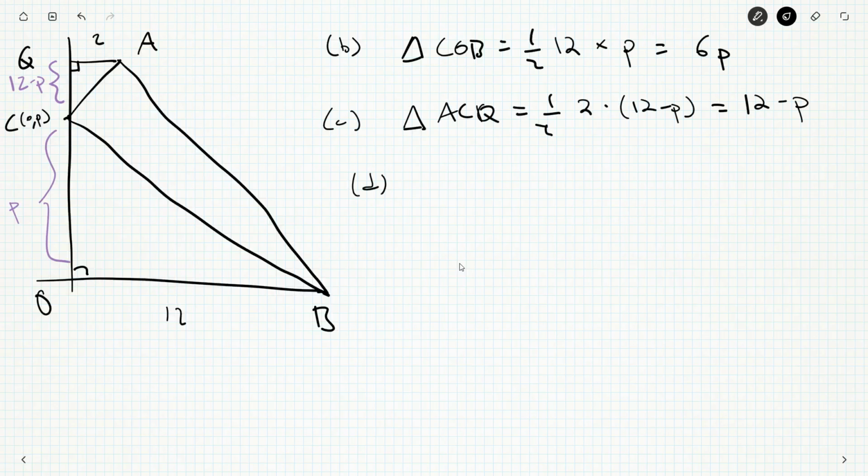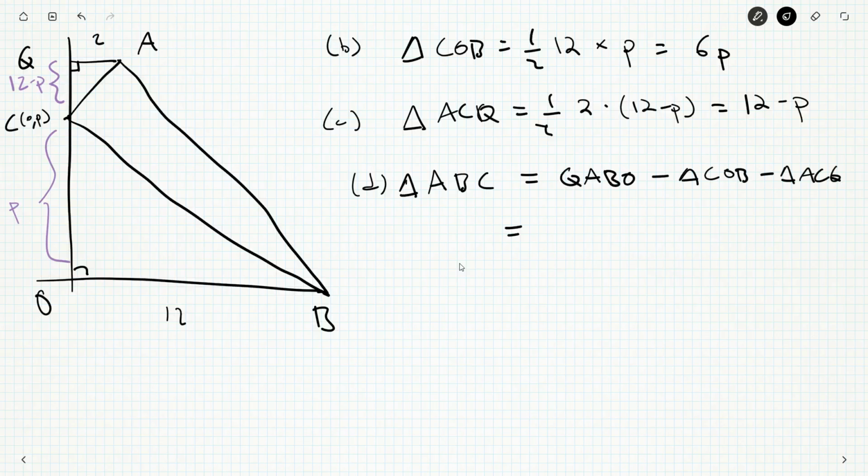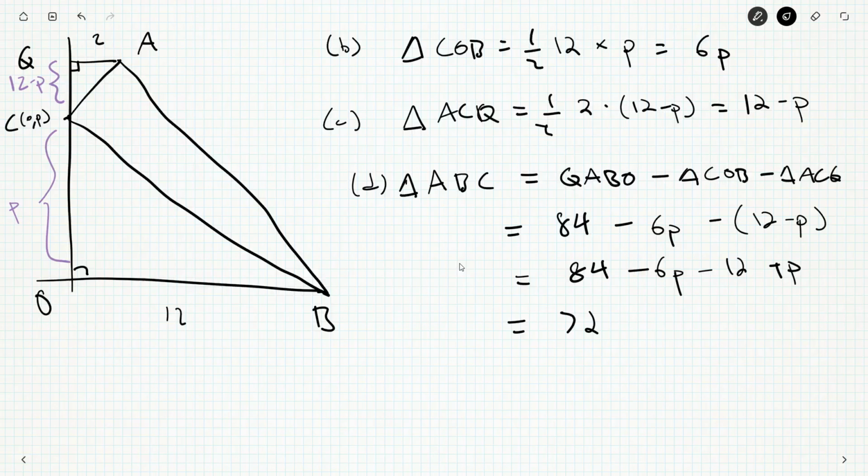And as for part D, the area of ABC is the area of QABO minus these two smaller triangles that we just figured out. So this is 84 minus 6p minus (12 minus p). So that'll be 84 minus 6p minus 12 plus p. 84 minus 12 is 72. 6p, subtract another p, so that'll be minus 5p. Okay.